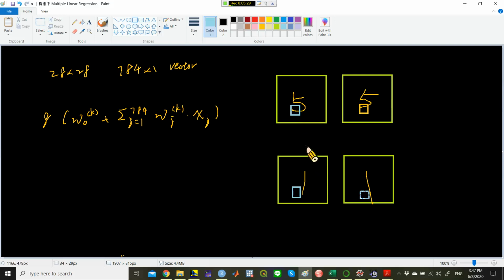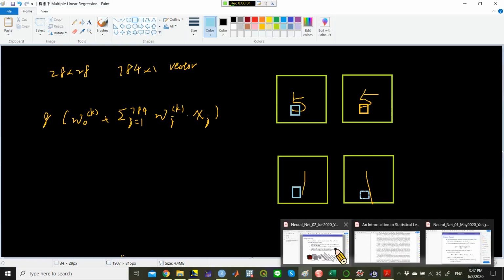But if it's a 1, you have a 5 here and a 1 here, and if you look at the same location of this matrix, the square will look very different from this square. So basically what we are doing is we split our 28 by 28 matrix into several overlapping squares.